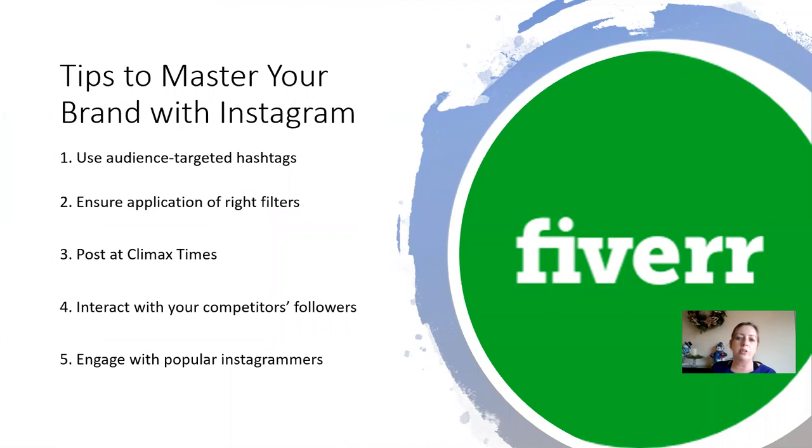So tips to master your brand with Instagram: use audience targeted hashtags. And when you do this, it's important to realize that using the hashtags in the same sequence in every post almost becomes robotic.